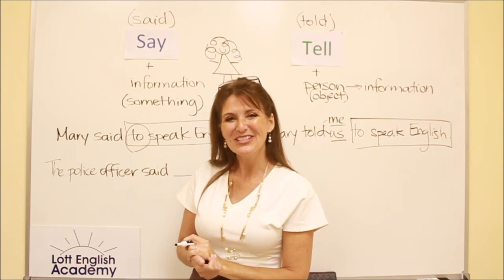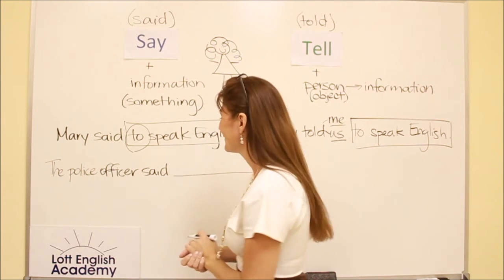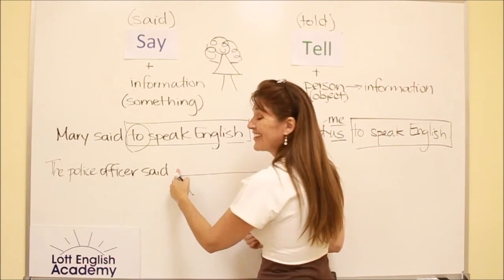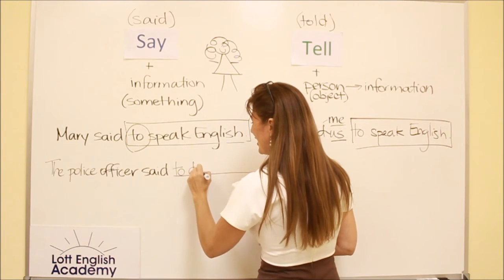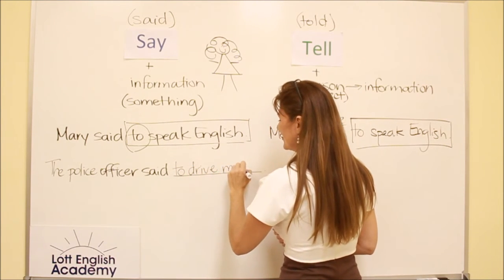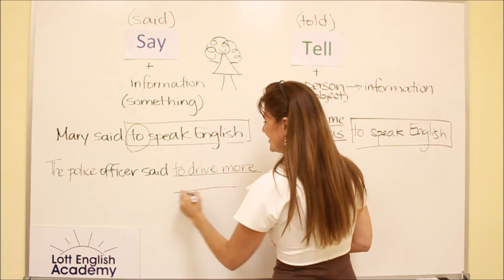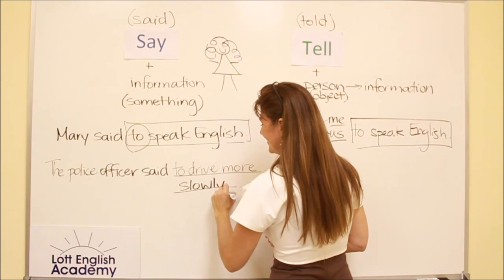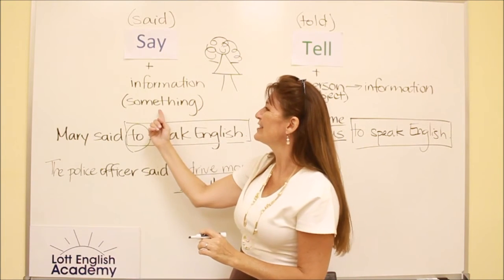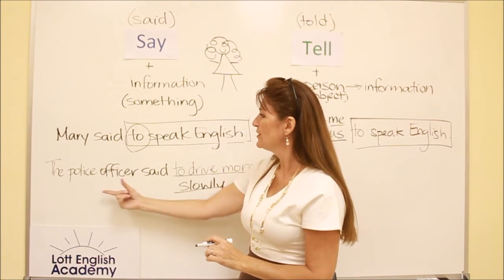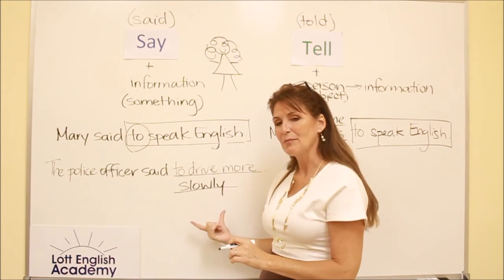The police officer said, you got it? The police officer said to drive more slowly. Yeah? After say, you need something. You need the information. So the police officer said something.